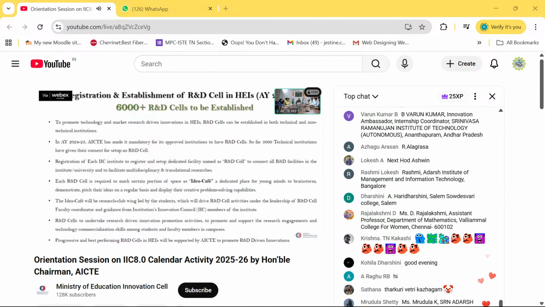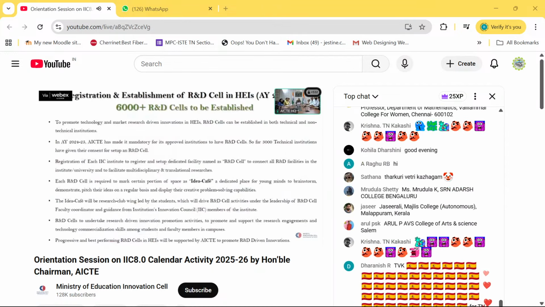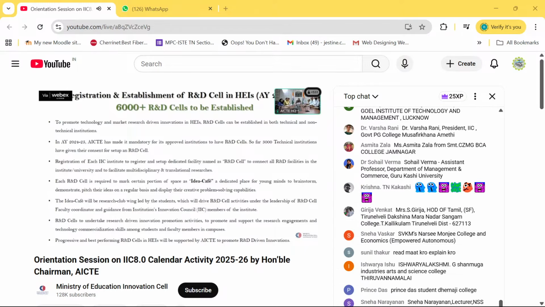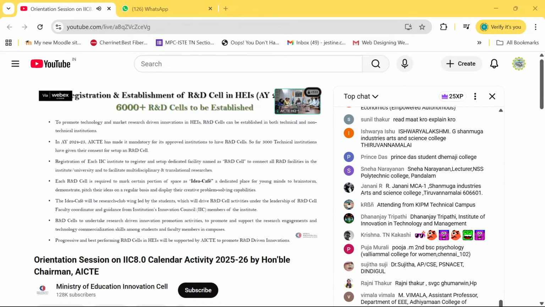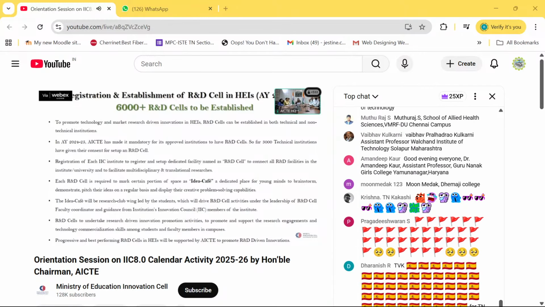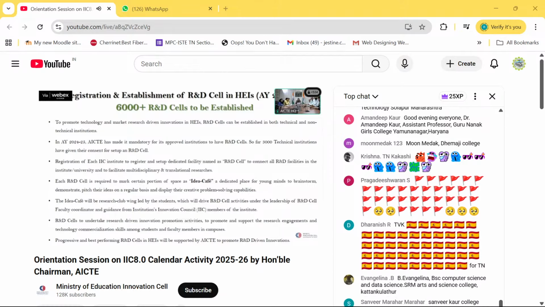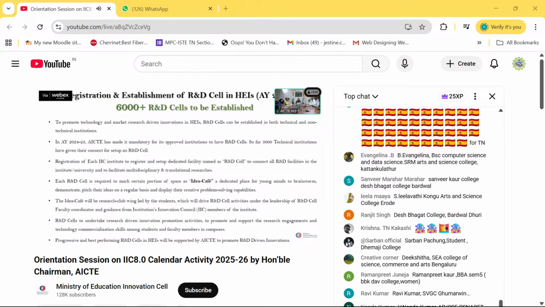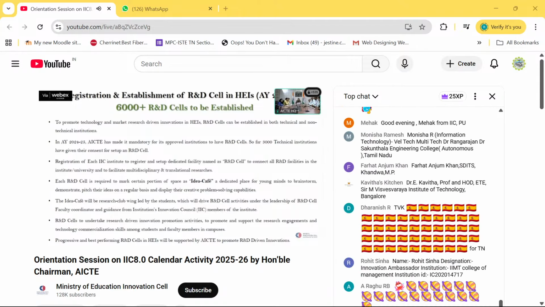And in addition to the IIC 8.0 activity, we have also developed a detailed activity calendar for R&D cells to be established in higher education institutions, which is now a mandatory and essential requirement as part of the annual approval process. And we are planning to have at least 6,000 plus R&D cells established during the academic year 2025-26.